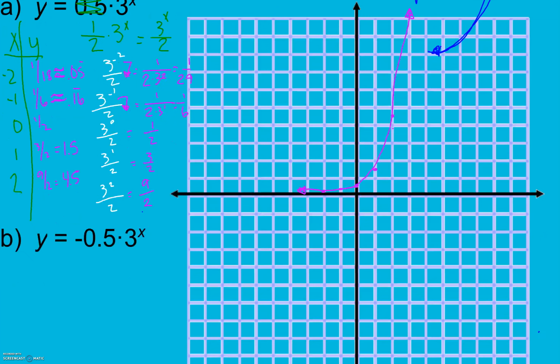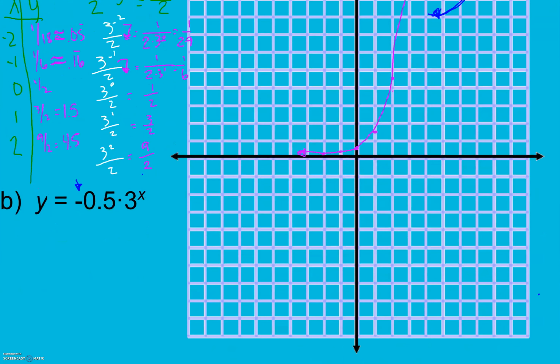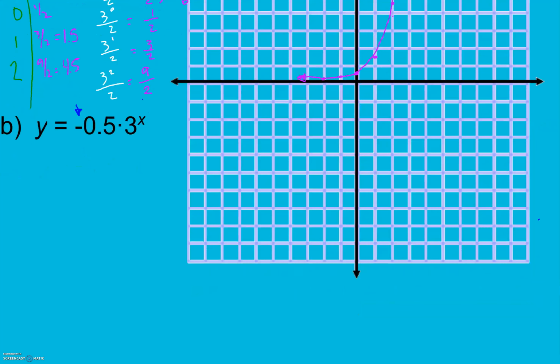In B here, the only thing different between A and B is this little negative sign. So we're going to do the same idea here. We're going to plug in our values for x and y. I'm going to use -2, -1, 0, 1, and 2.